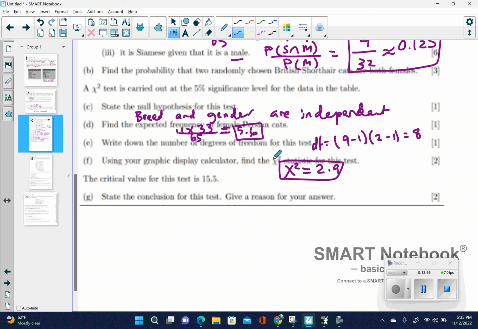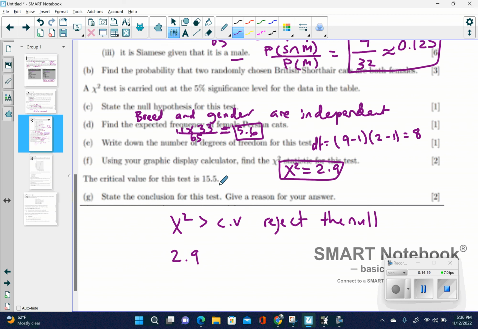And that's how you would get the full 2 points. So remember that if the chi-squared value is greater than the critical value, you reject the null. For this one, our chi-squared is 2.9. We just found it.